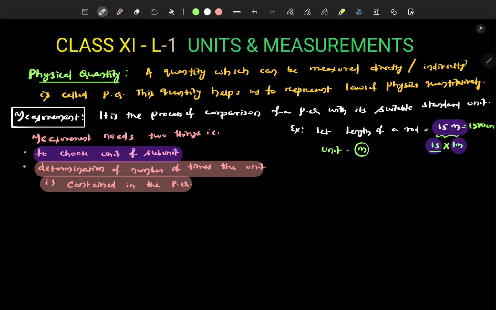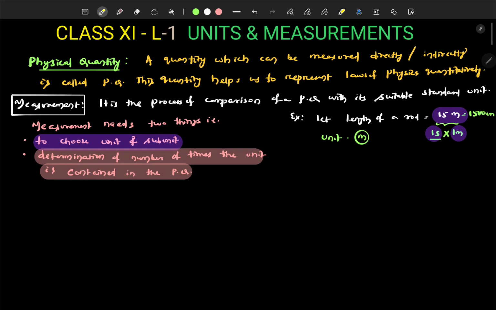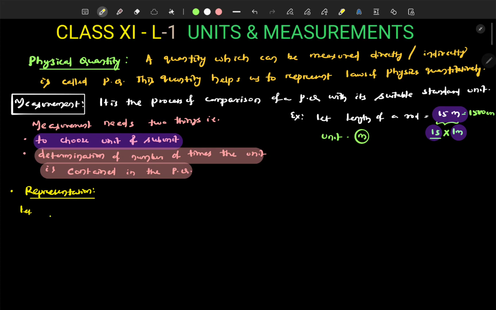Then come to the next part. Any measurement can be represented by NU. Let's see representation. This part is fully important. Any measurement can be written in the form of N and U. As per our example, L is equal to 15 meter.